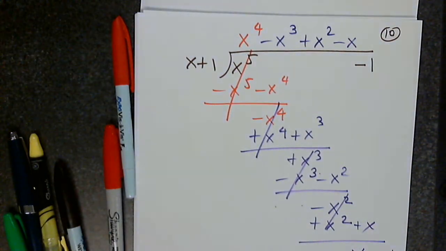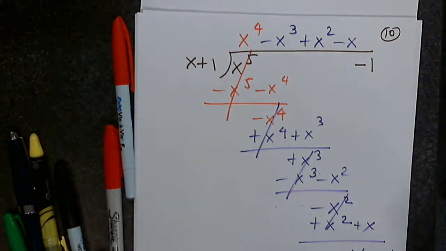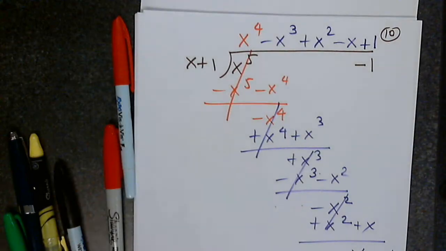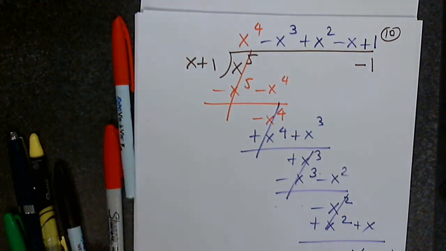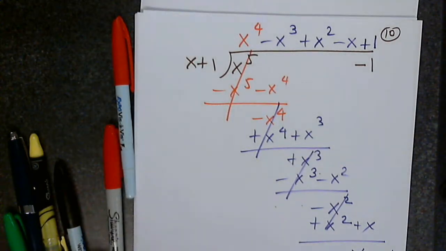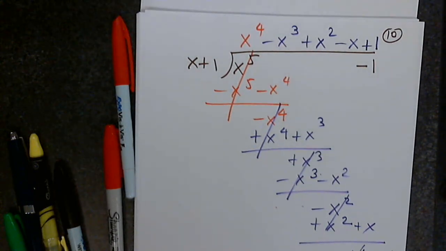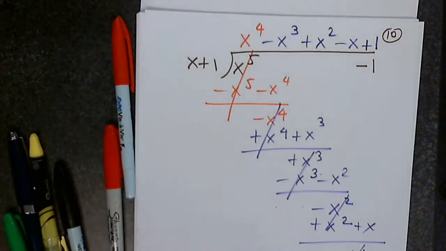X times what is x? Plus 1. 1 times x is x, I subtract. 1 times 1 is 1, but I subtract. So the remainder is negative 2.